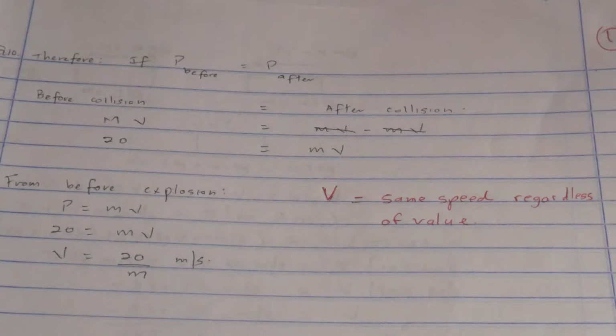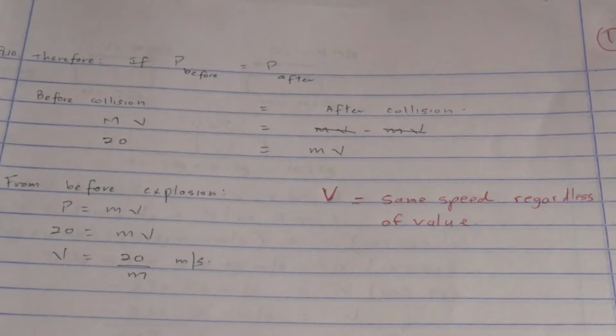So assuming the masses are the same, whatever velocity the explosion would create, it might be 20 minus 20 equals 0, 40 minus 40 equals 0, basically an infinite amount of solutions. So that's more of an explanation of that working.